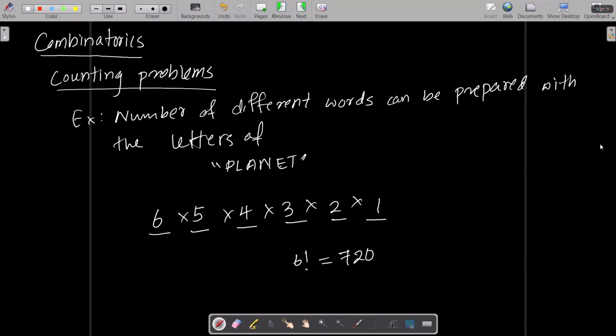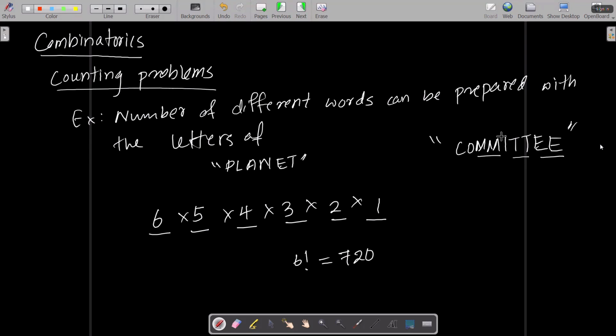And there is a small complication. If we have a word like this, what is the difference between these two words? The second word has the same letters again and again. There are repeating letters. We have 2 M's, 2 T's, and 2 E's.